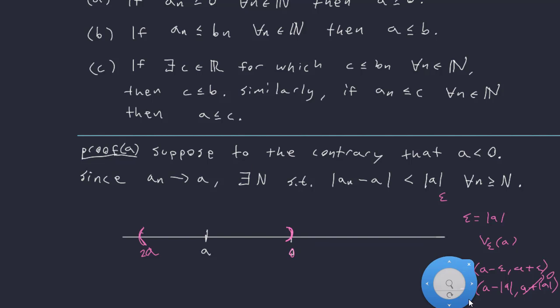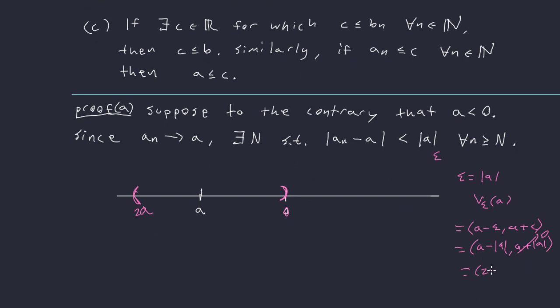So it's really just going to be the interval 2A to 0. And since a_n converges to A, every term past N has to be in this epsilon neighborhood.